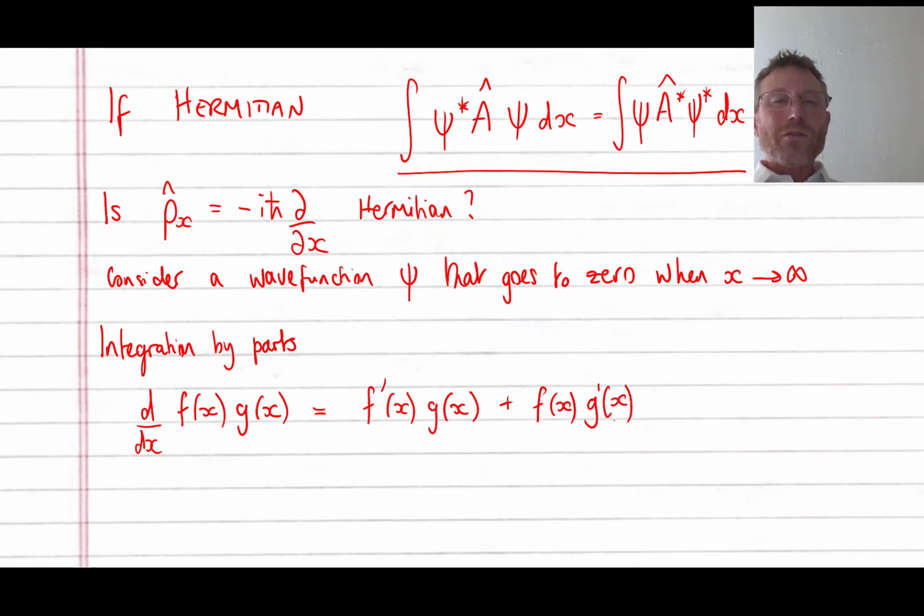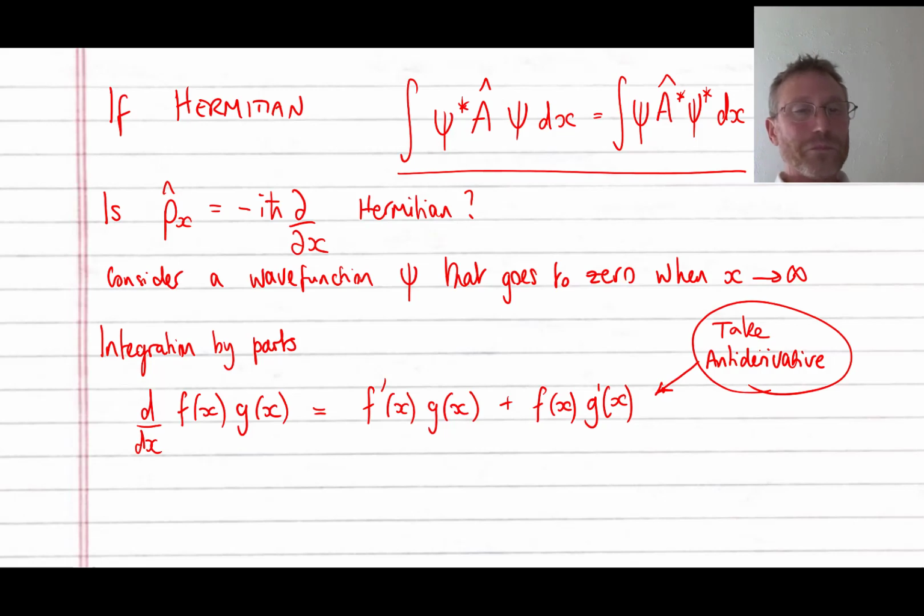So to consider integration by parts, first of all, we've got this expression, which we know to be true from the product rule. But what we're now going to do is take the antiderivative of this equation. The antiderivative of the left-hand side is simply f of x, g of x.